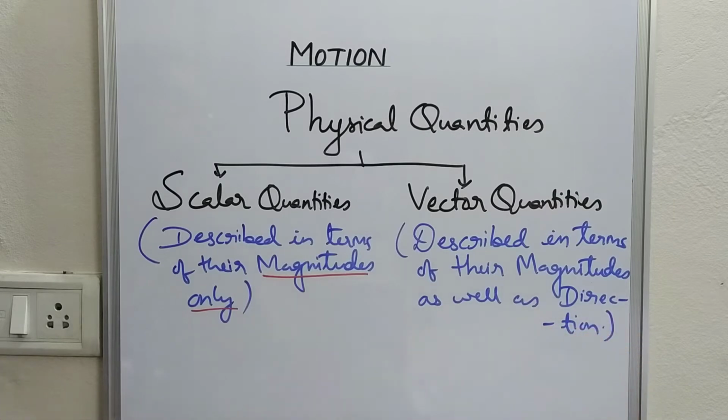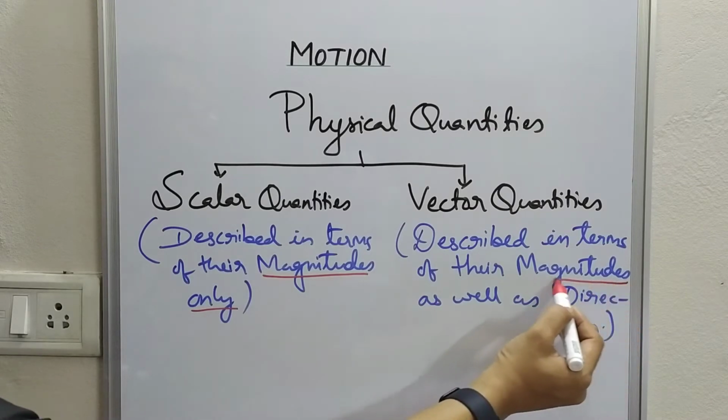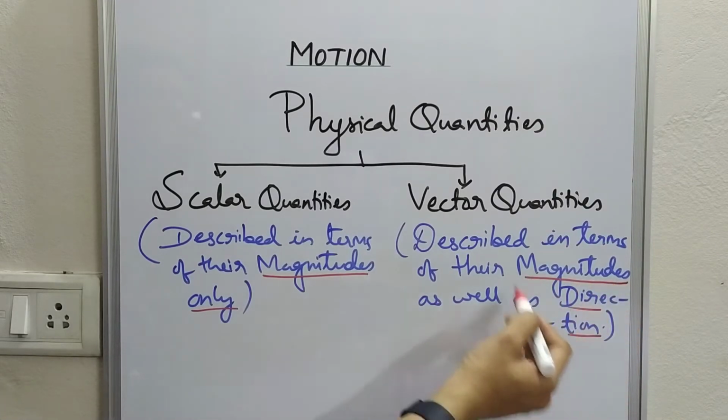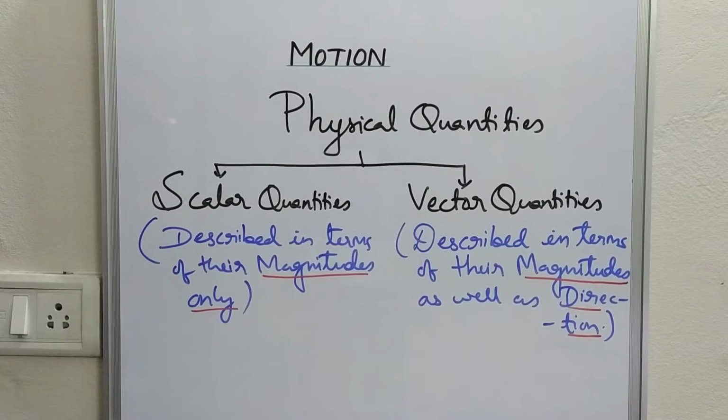Those physical quantities which are specified, explained or described in terms of their magnitudes and direction are called vector quantities.